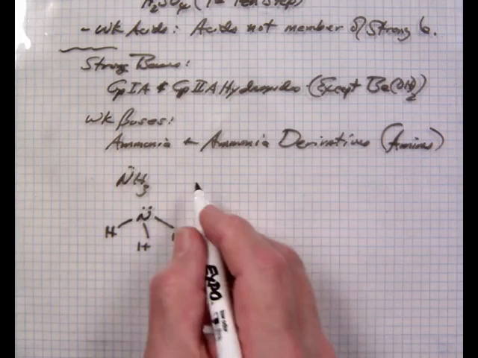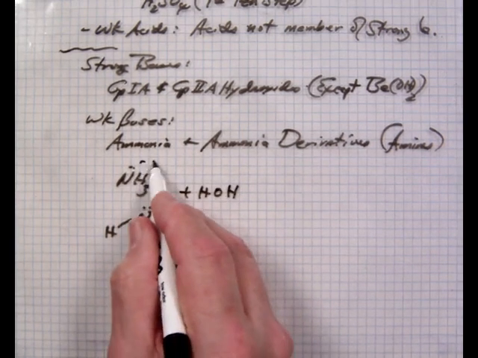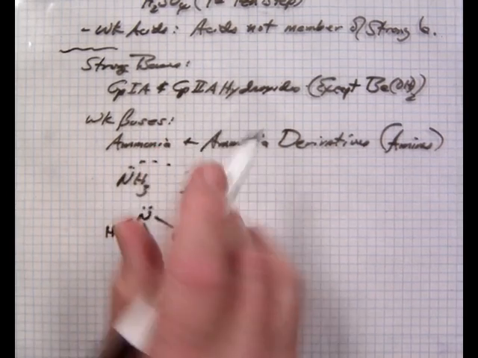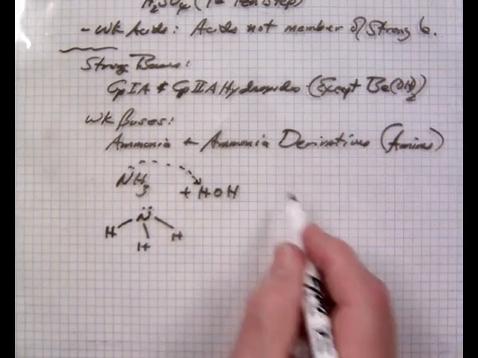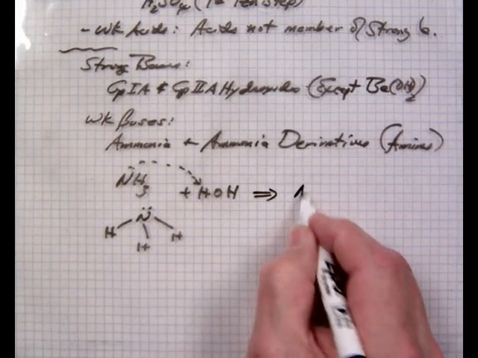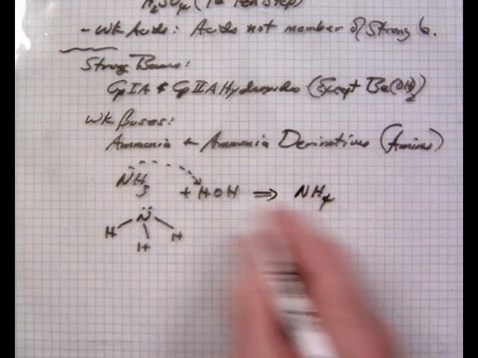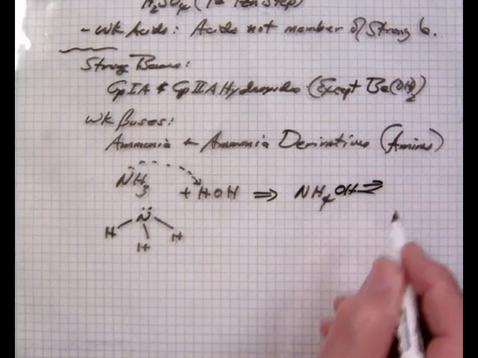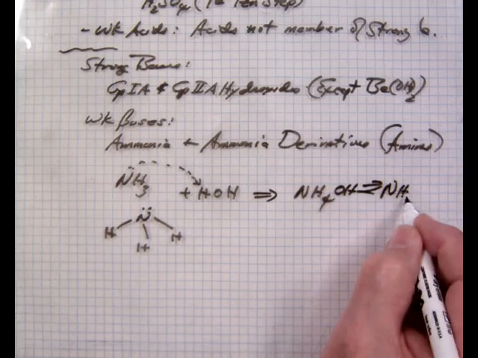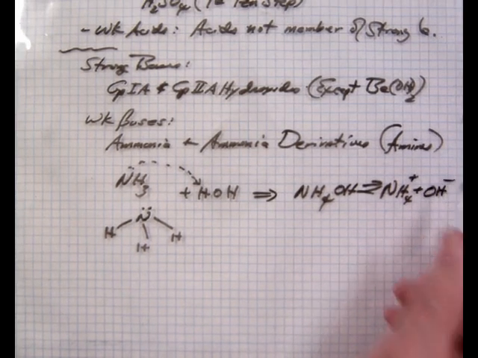In water, the electron pair will coordinate covalent bond to one of the hydrogens, and you'll have NH4, 4 hydrogens and not 3 anymore, one moves up, and then hydroxide. It is this that ionizes as a weak electrolyte, right there.